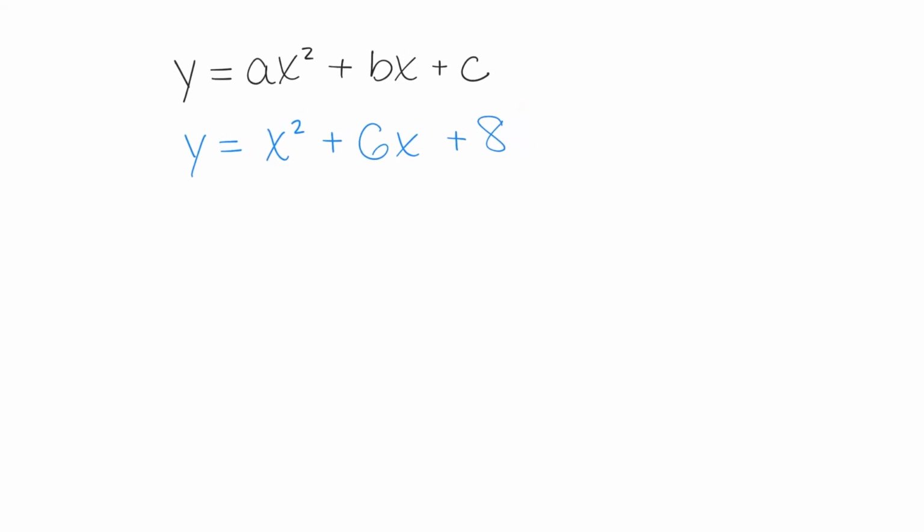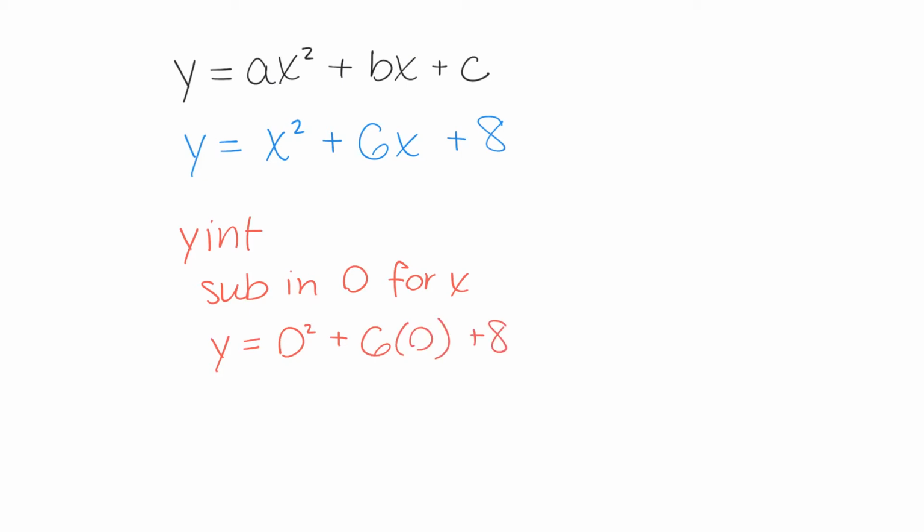The very first thing we are going to do is find your y-intercept. Your y-intercept occurs when x is 0. So we're going to sub in 0 for x. So to do that, I'm going to say y equals 0 squared plus 6 times 0 plus 8, which of course equals 8.